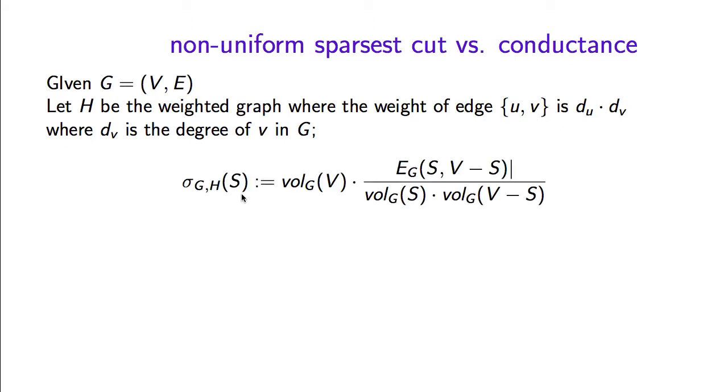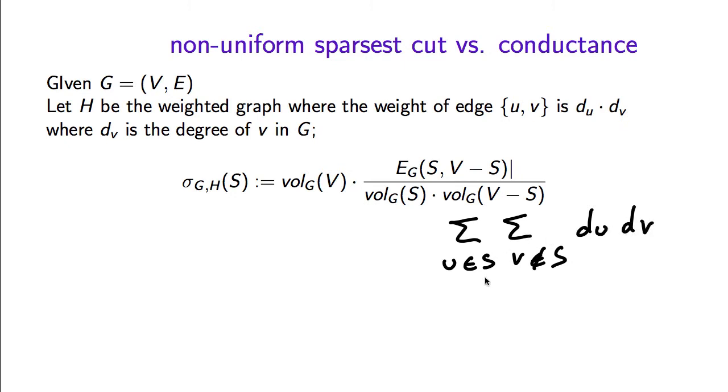Then let's see, for a subset of vertices, what is the non-uniform sparsity of this set. In the numerator, we're going to see the number of edges in G that go from S to V minus S. In the denominator, we're going to see the summation over all u in S and v not in S of the weight of the edge uv, which is du times dv.